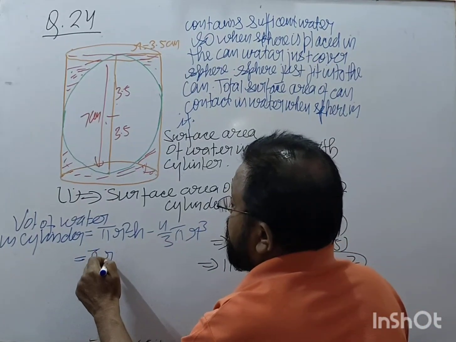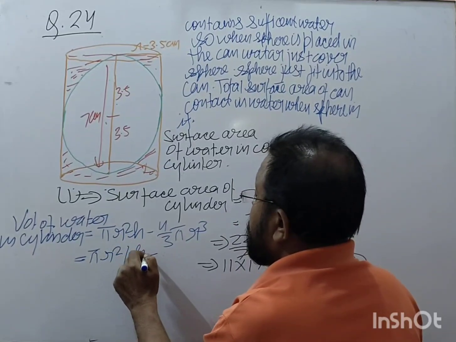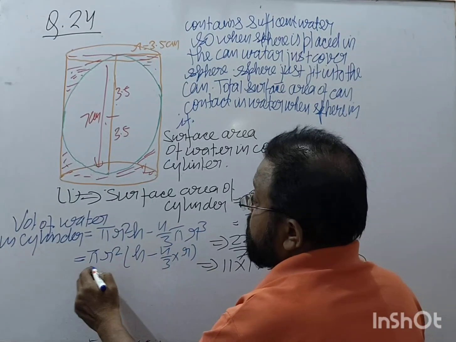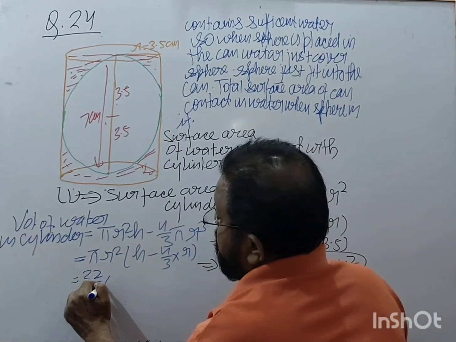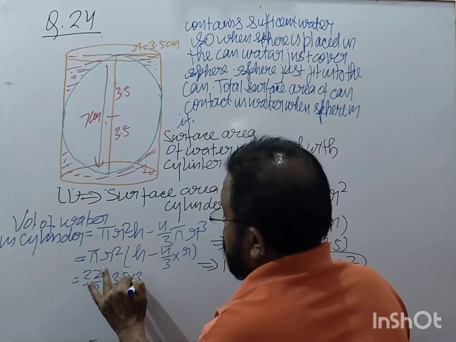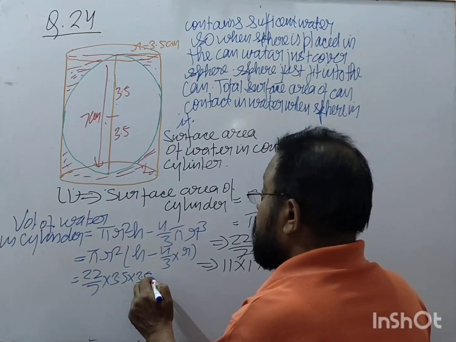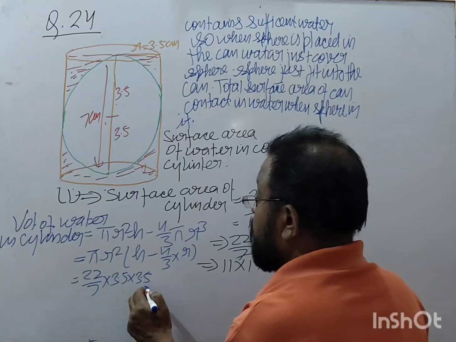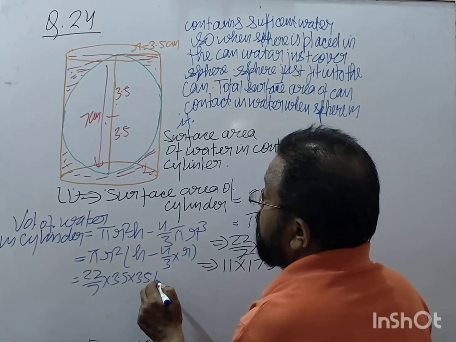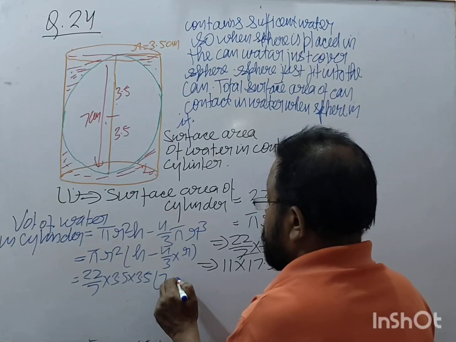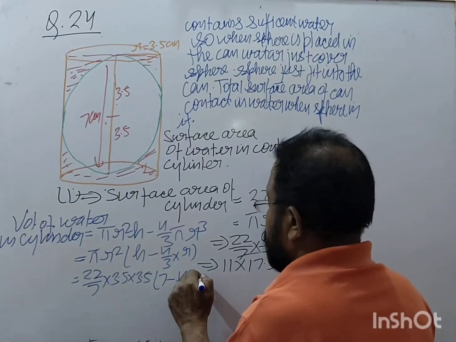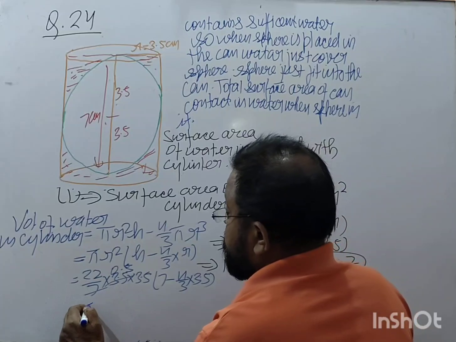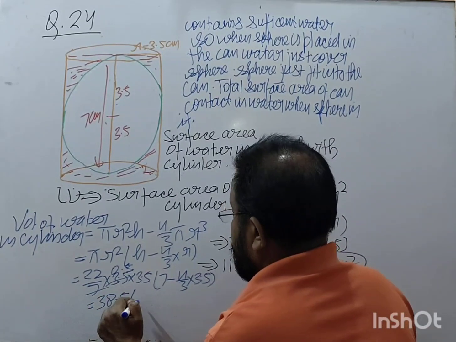So pi r square you have taken as a common. It becomes h minus 4 by 3 into r. 22 upon 7 into 3.5 into 3.5 into h is 7 minus 4 by 3 into 3.5. This is 0.5, 11. It is 38.5 bracket.